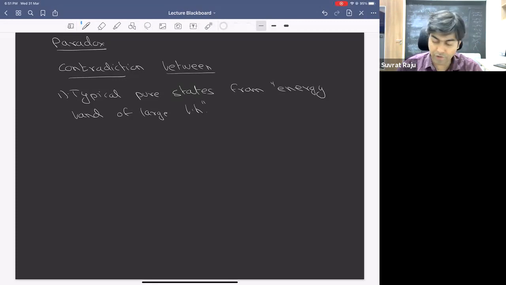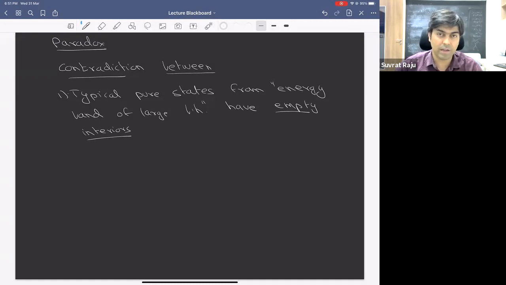If you just take typical states, we expect that these have empty interiors. When we say empty interiors, that means we expect that there's no firewall or something else of this kind at the horizon. And that's just a classical expectation.